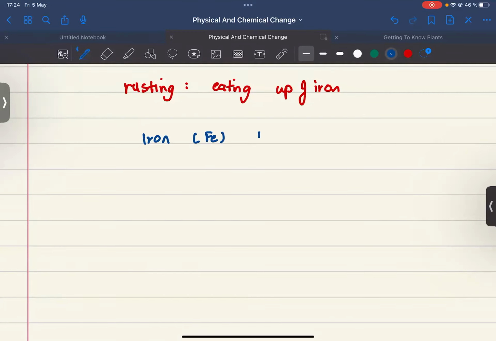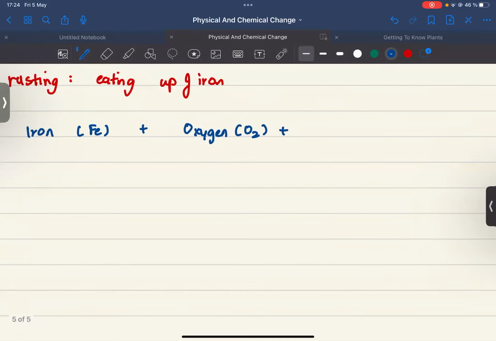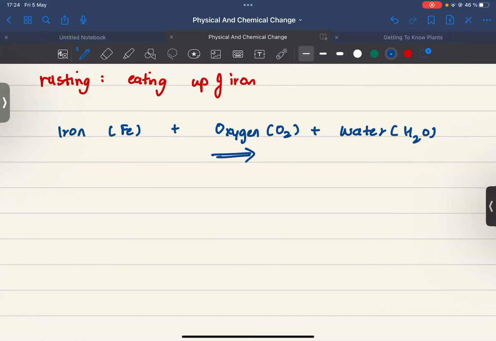It comes in contact with oxygen that is in the air and moisture, so water, H2O, which will give you rust or iron oxide, which is Fe2O3. So for rusting, you need the presence of both oxygen and water or water vapor.